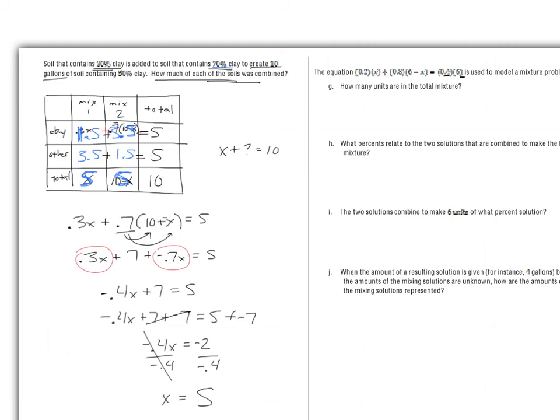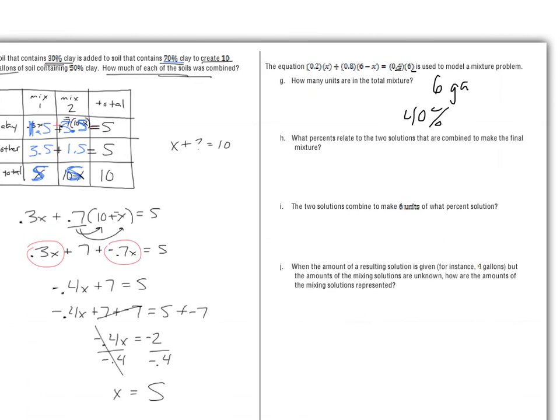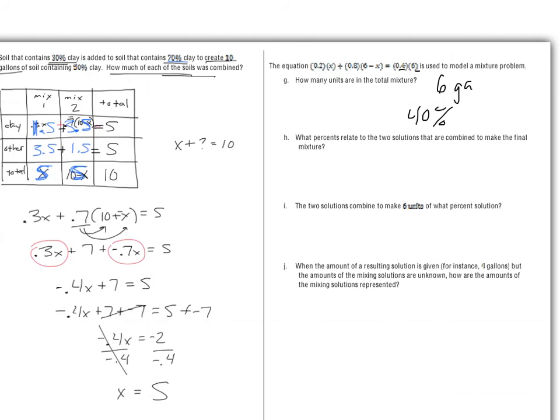So actually what it's telling us here is that our total mixture is going to be 6 gallons, and it's going to be 40% of whatever we're looking for. Just call it stuff 1.